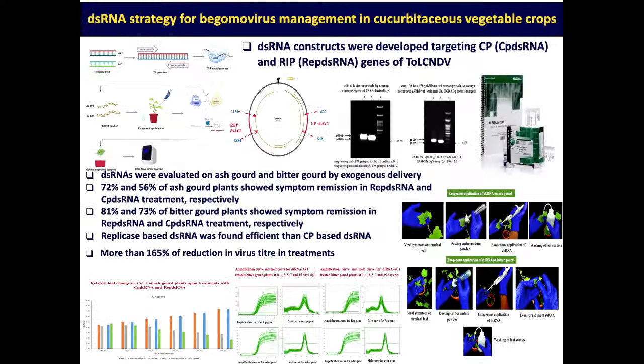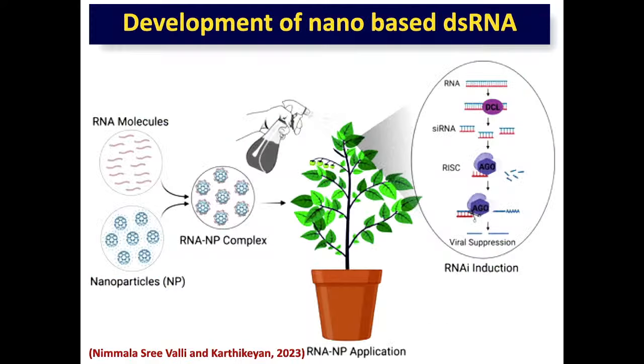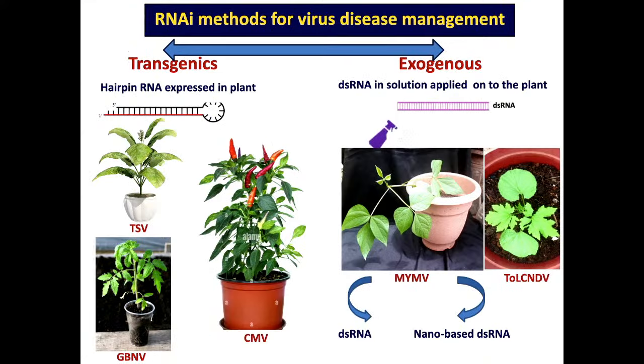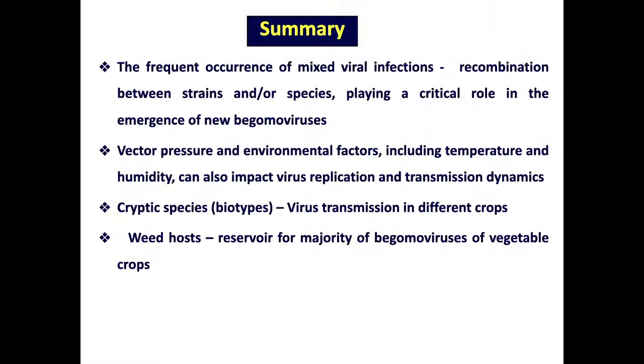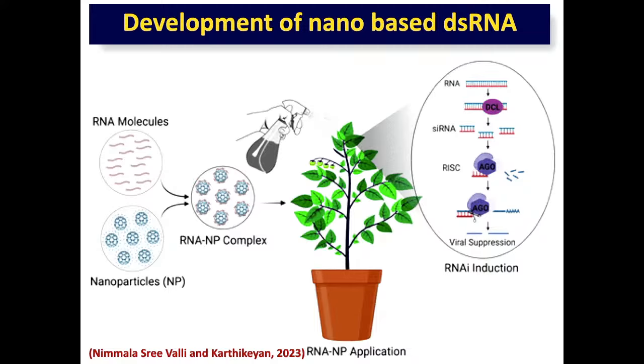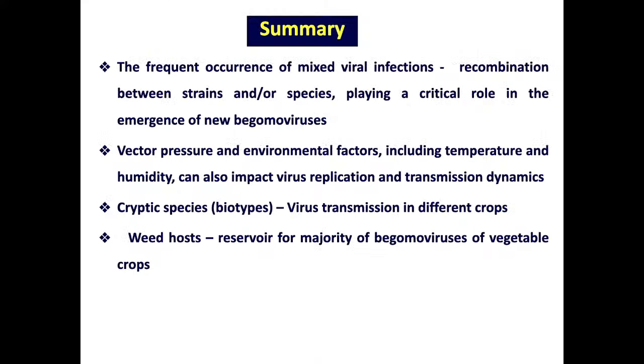We have also come up with a nano-based formulation that was found to be highly effective under field conditions. However, we need to get approval and conduct other field studies.